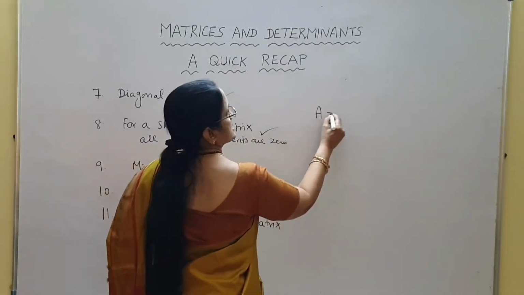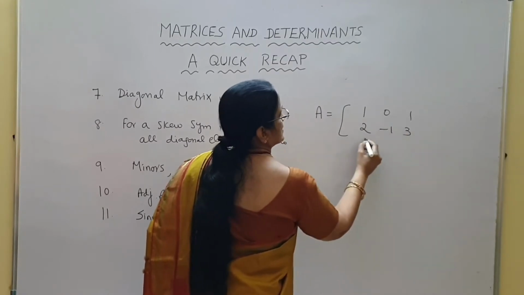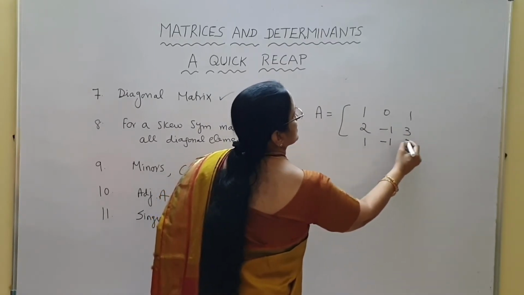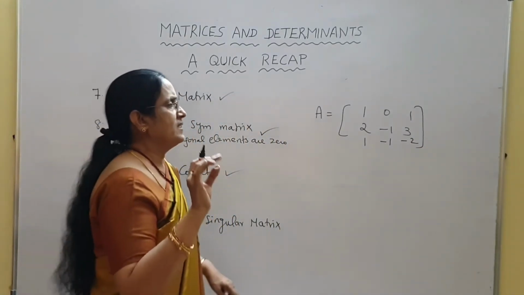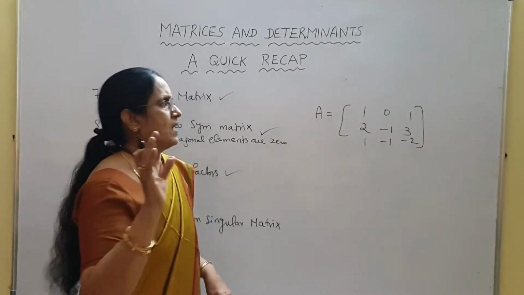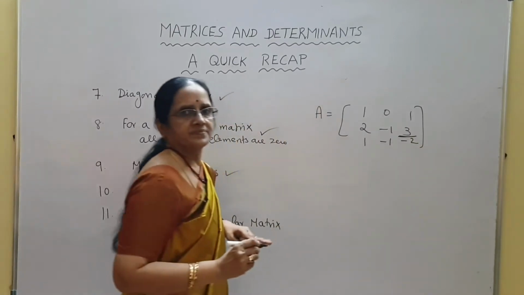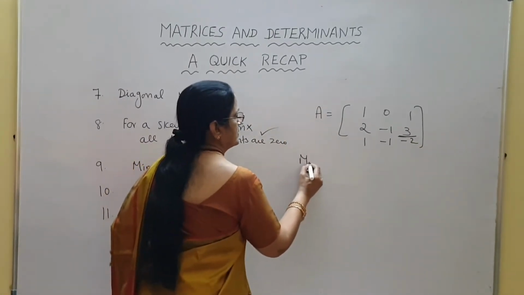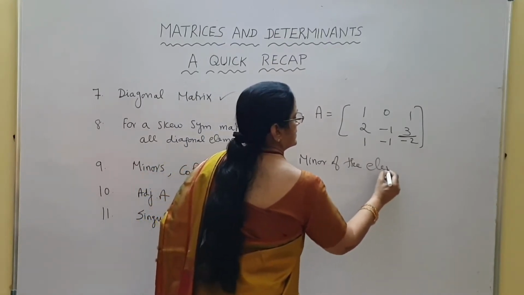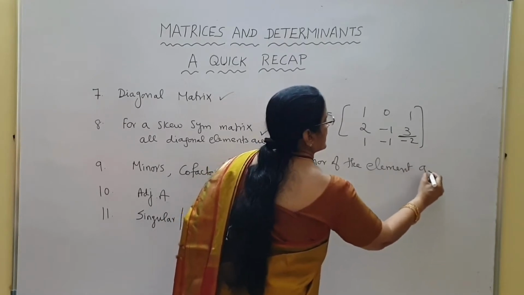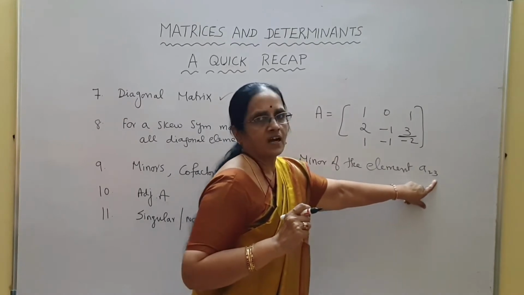Suppose A is equal to 1, 0, 1, 2, minus 1, 3, 1, minus 1, minus 2. You have to find the minor and the cofactor of the element a23. a23 is nothing but the element in the second row and third column.